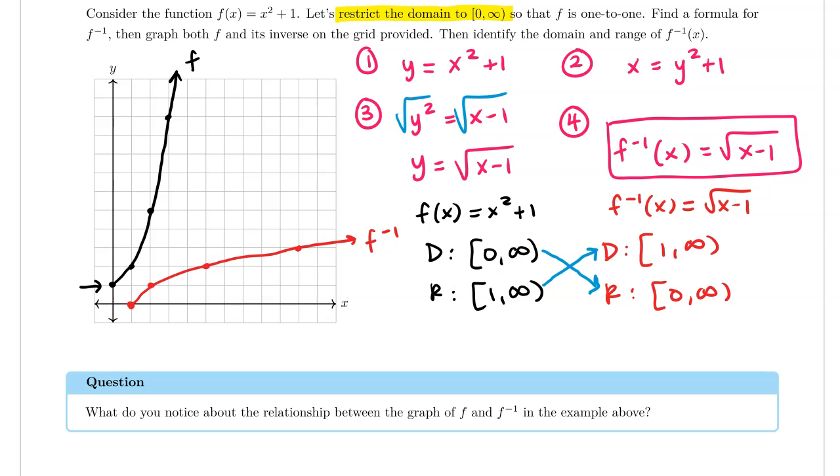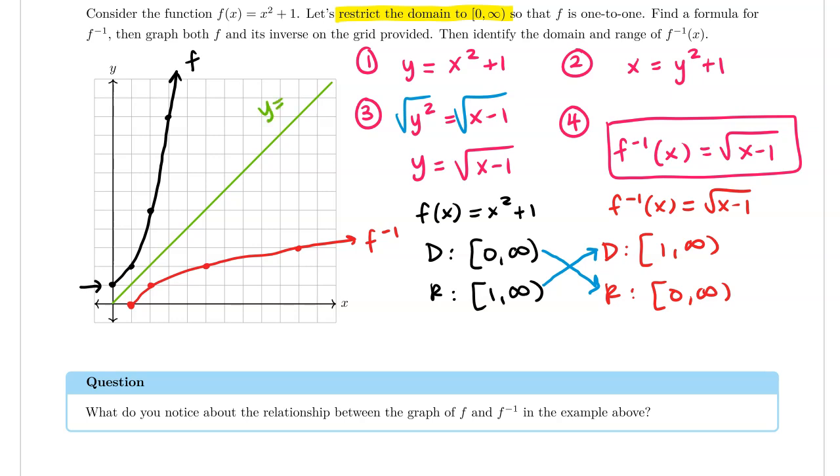So to answer the question, what do you notice about the relationship between the two graphs of f and f inverse, is that they are actually symmetrical about the line y equals x. So if I graph y equals x here, I'm trying to do this as straight as possible.